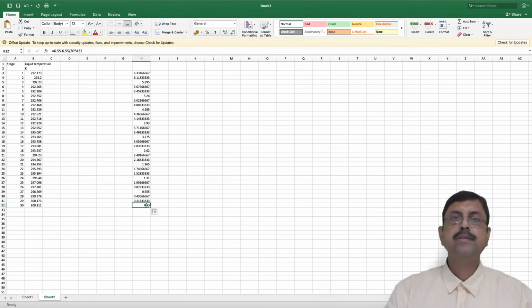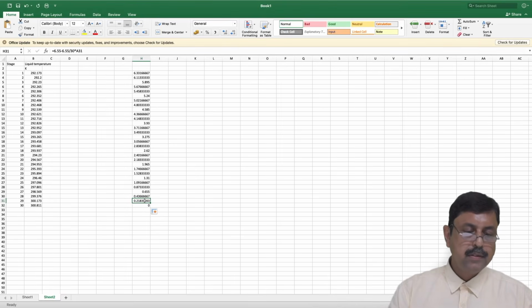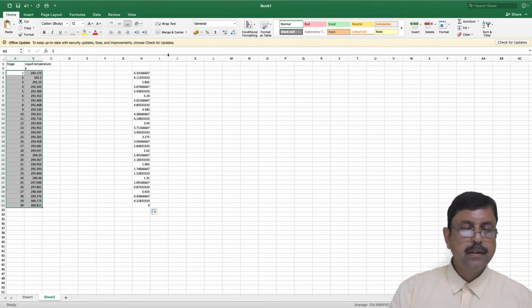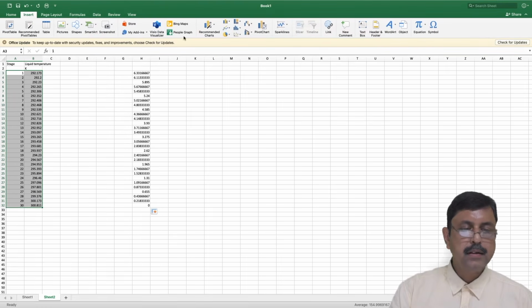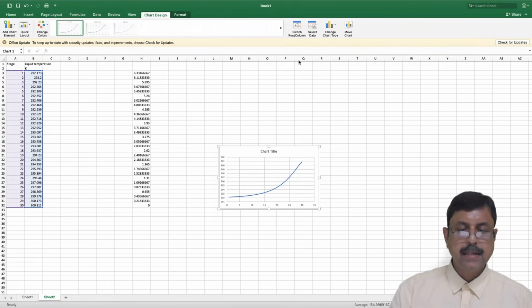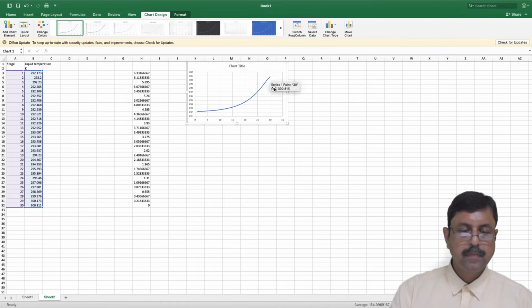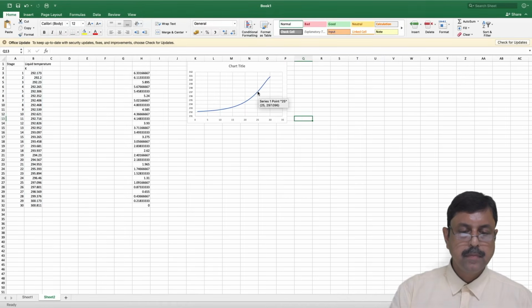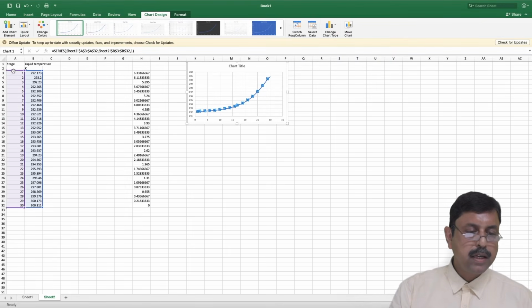So this is the distance from bottom, this is distance from bottom, this is distance from bottom, and so on. So let us insert one scatter. Instead of stage 1, we'll keep this.